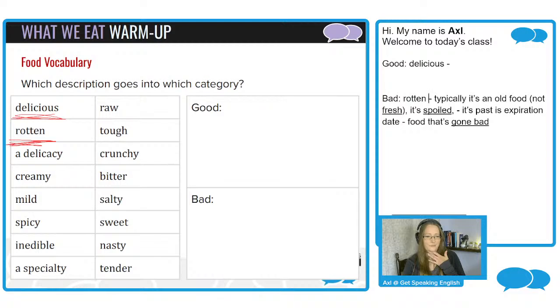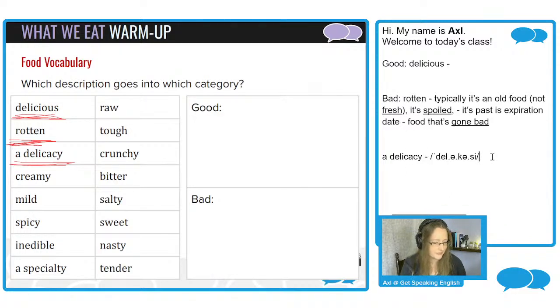How about a delicacy? How would you describe a delicacy? Any ideas what we might say? And again, would we categorize this as a good descriptive, like a good food or bad food? Delicacy.